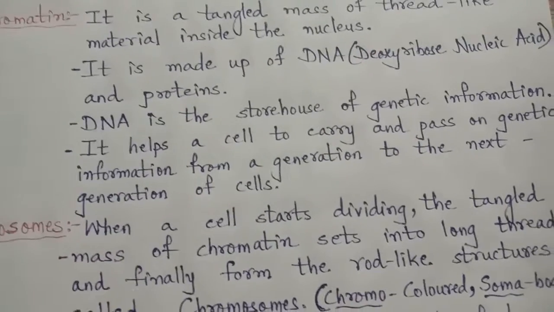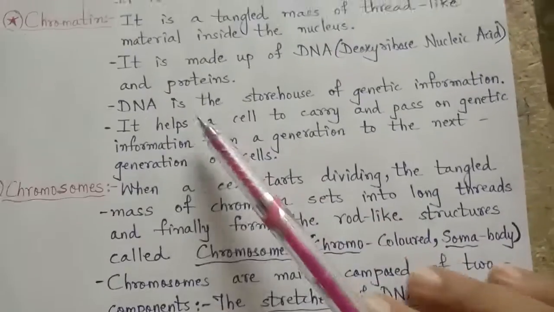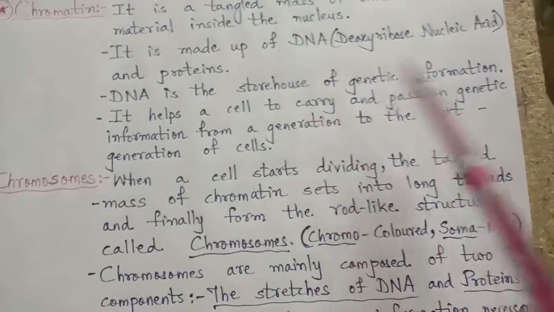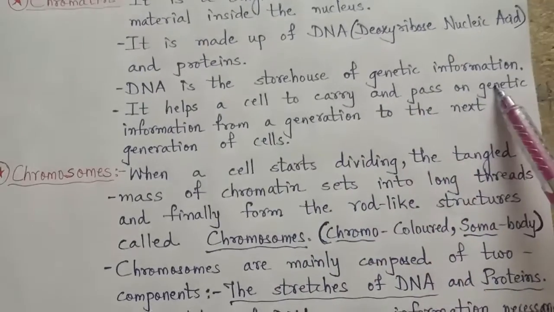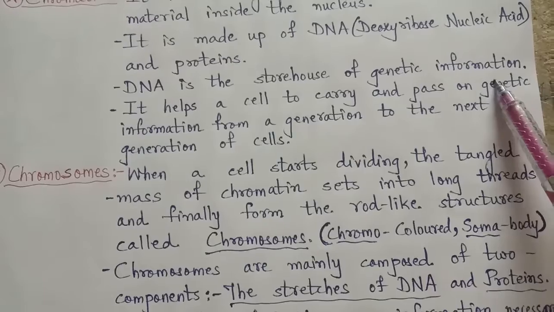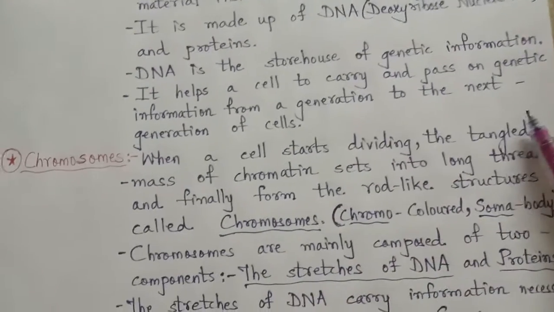And that is the genetic material. So DNA is the storehouse of the genetic information, which helps the cell to carry and pass on genetic information from one generation to the next generation.